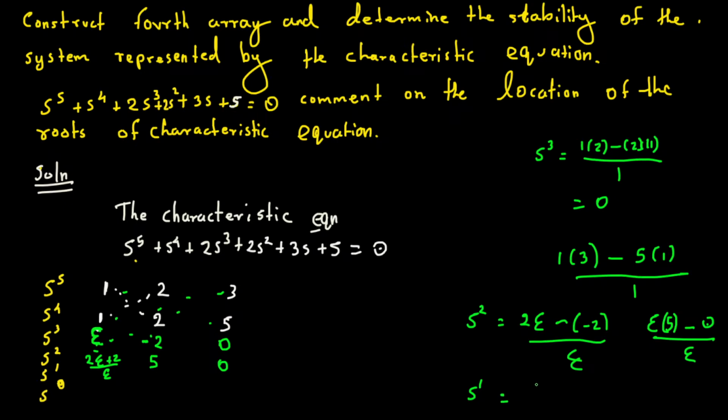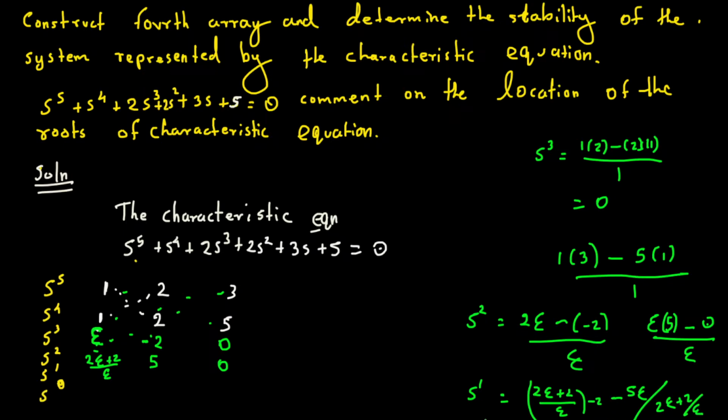then this is like 2 epsilon plus 2 divided by epsilon times negative 2, and then minus 5 epsilon, the whole term divided by 2 epsilon plus 2 divided by epsilon.